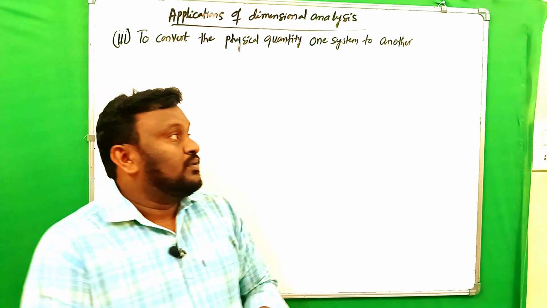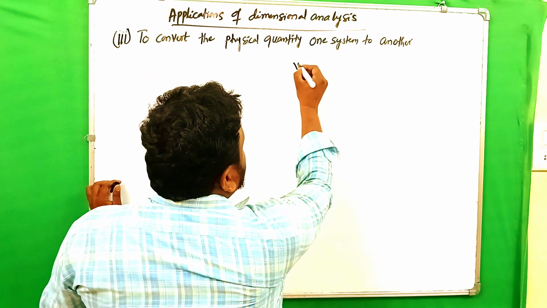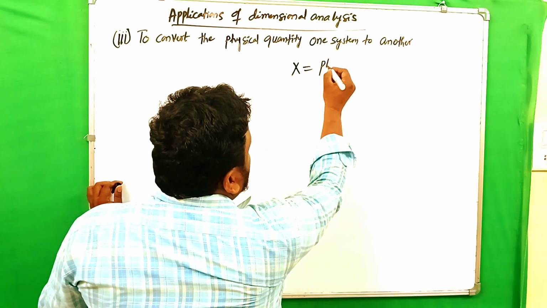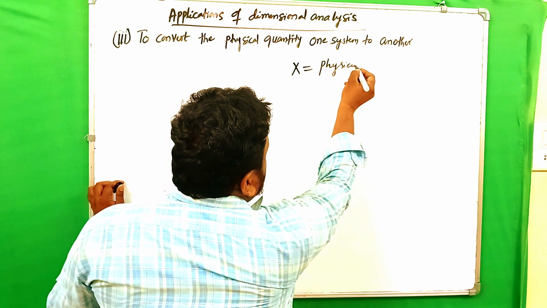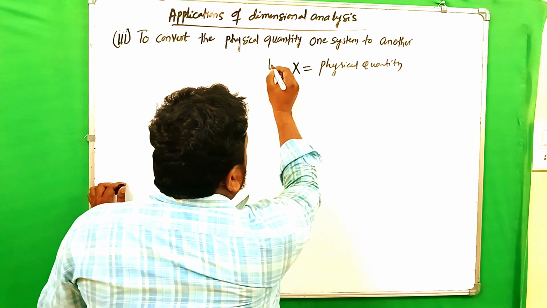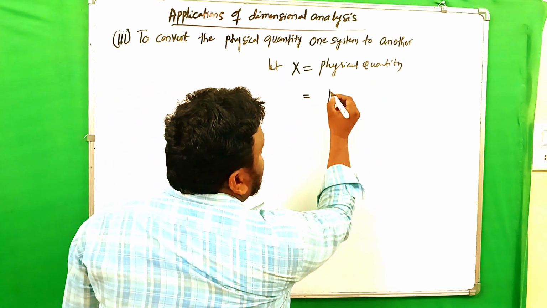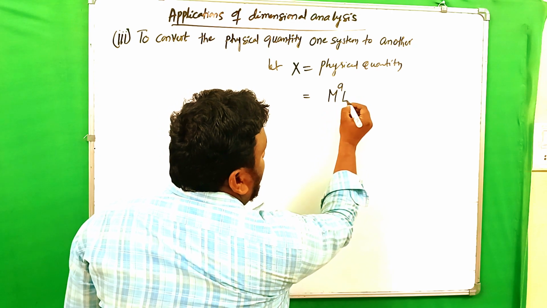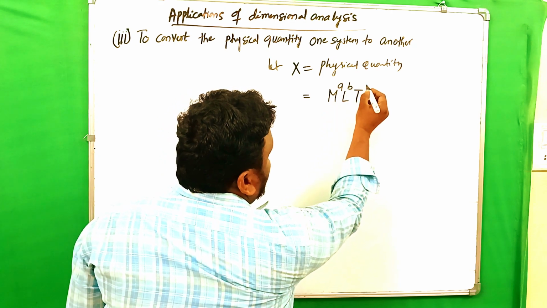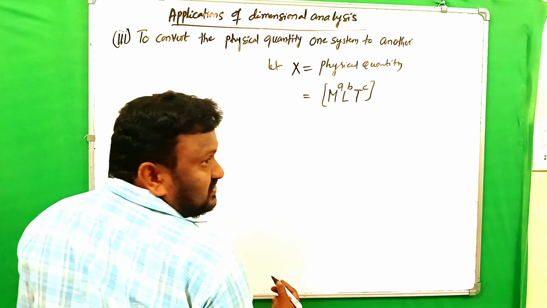Let's see. Let x be a physical quantity, and its dimension formula is M to the power of a, L to the power of b, and T to the power of c.